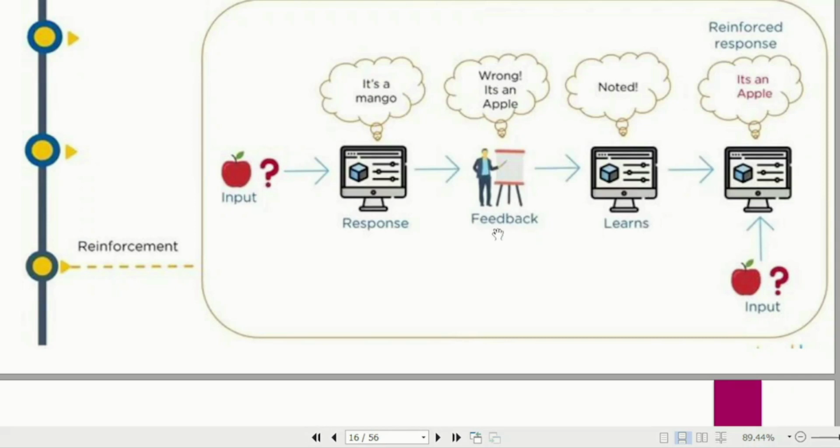Wrong, it's an apple. So feedback comes back to it, and it learns from the whole procedure and notes that it is an apple. It will go again and again and recognize the apple, reinforcing by its own experience as the agent. That is the reinforcement response output.